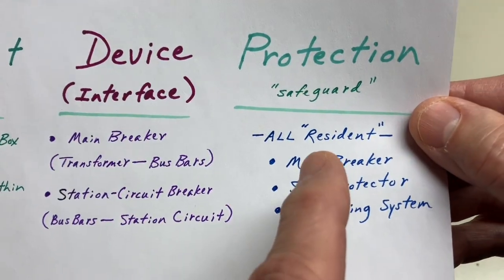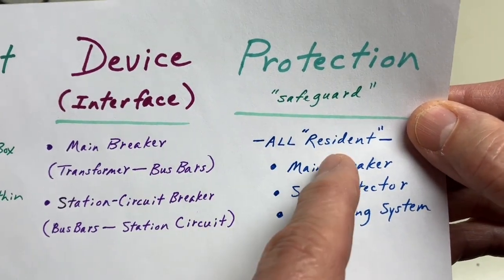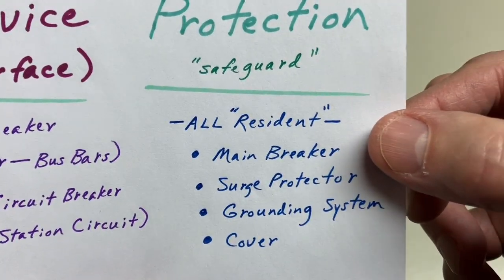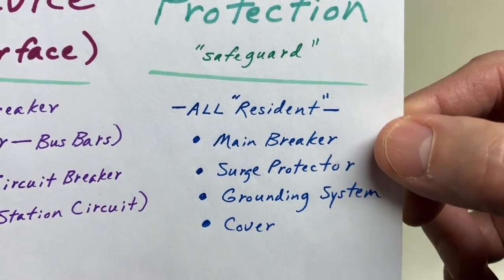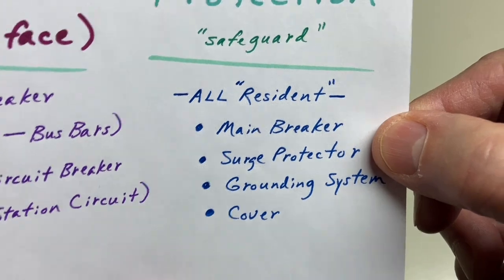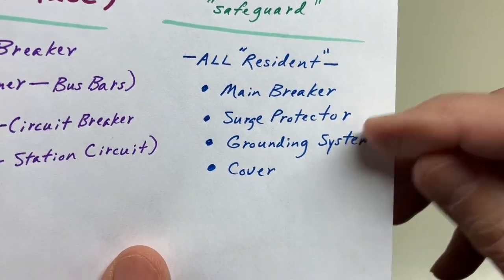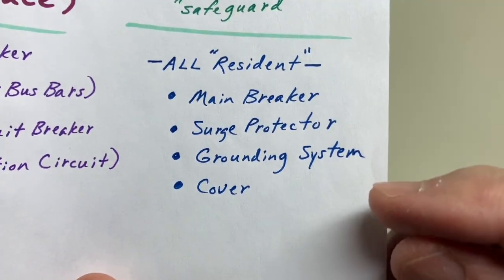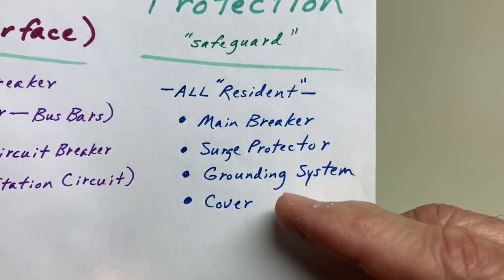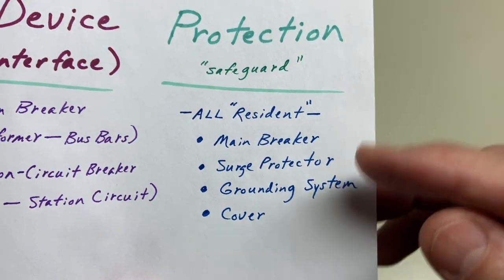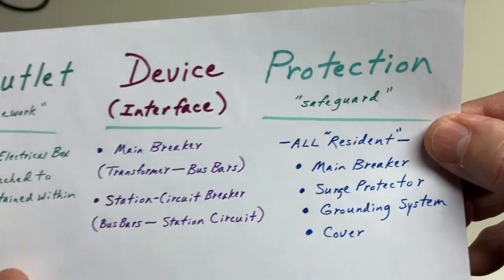But all these forms are resident. They're in the outlet. So what do we have? We have the main breaker, which provides protection. And I have a surge protector here in my panel, which I'll show you in my next video. So that's the second form. Then there's your grounding system. And of course, there's the cover. So there are 4 means of protection here on my panel.